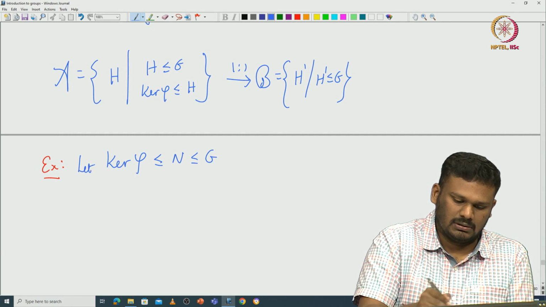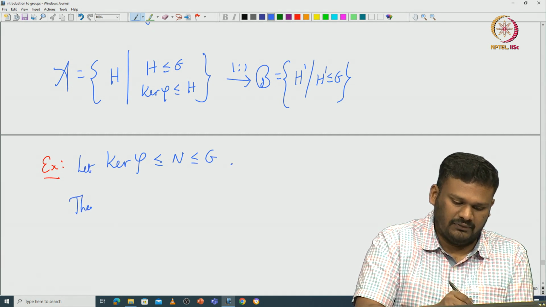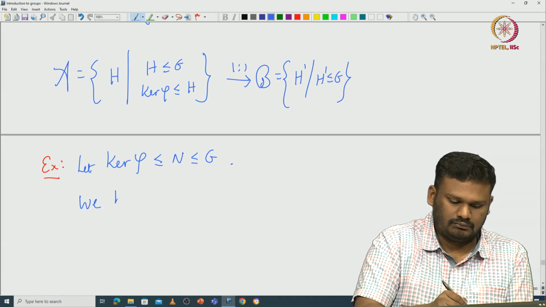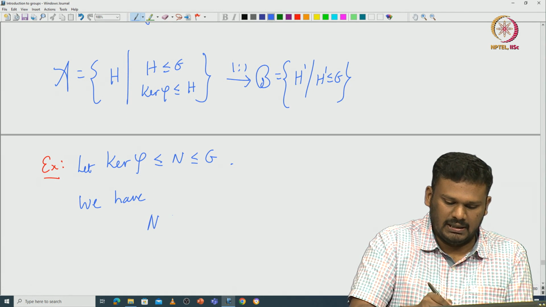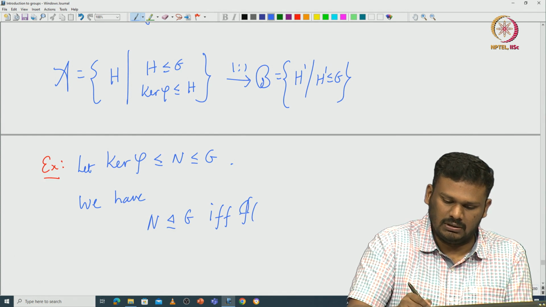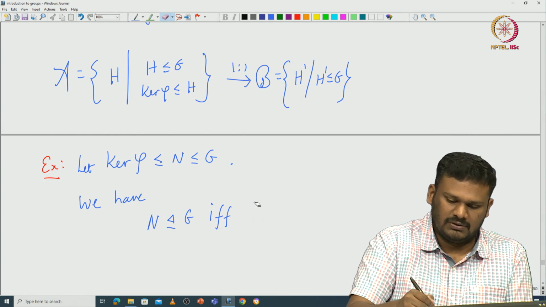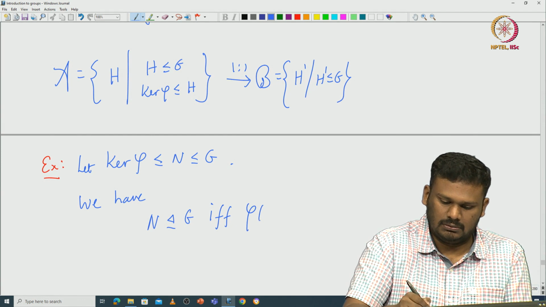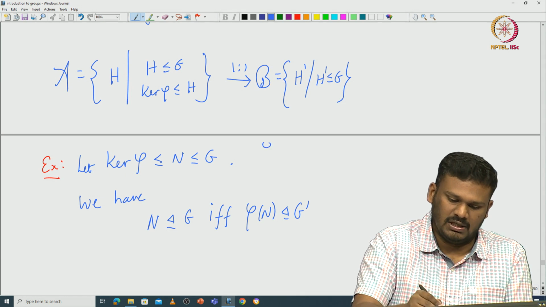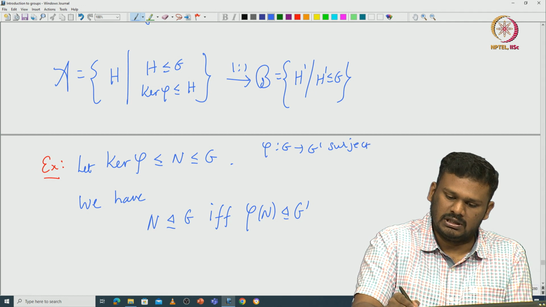This is the hypothesis. Then N is normal in G if and only if phi of N is normal in G dash. Of course, I am assuming phi is a surjective map.